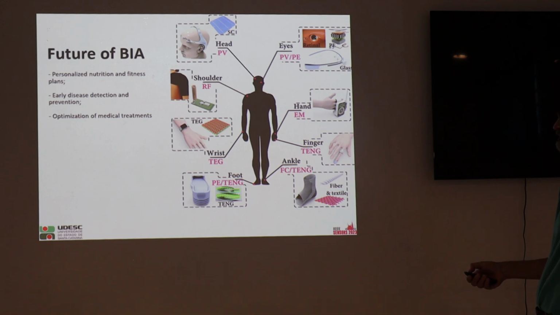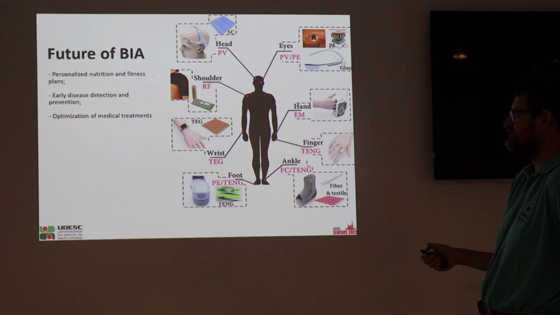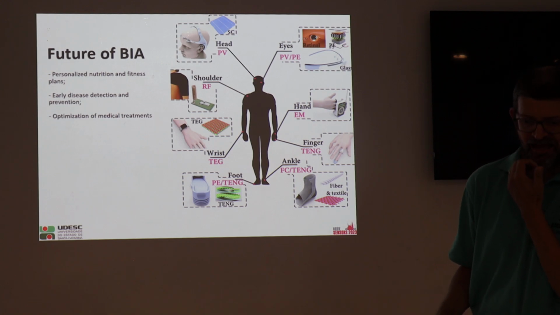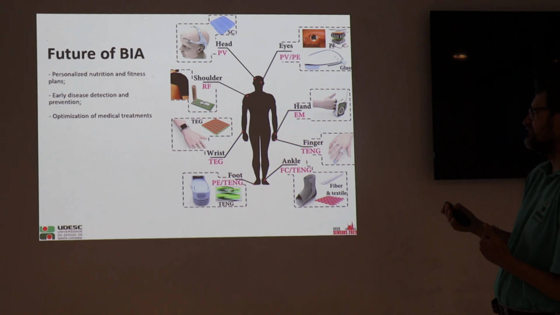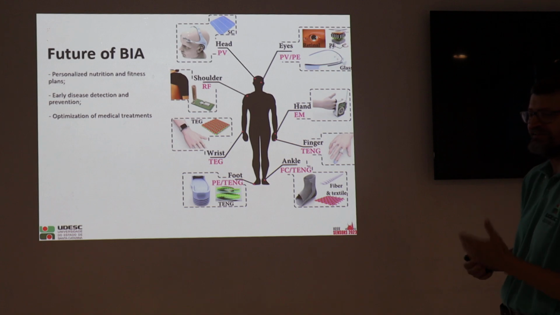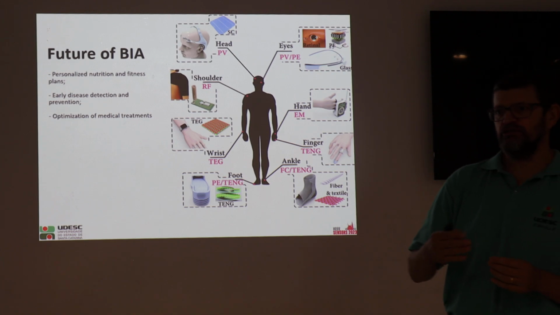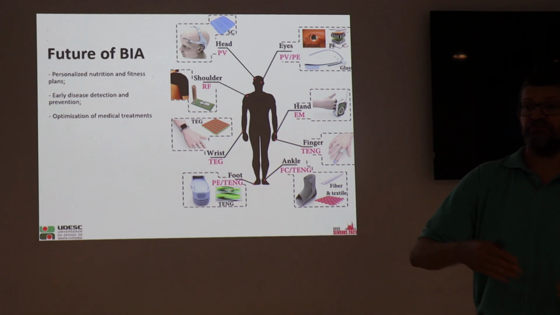And the future of bioimpedance analysis: personalized nutrition and fitness plans. Now people are interested to see if, for example, what they are eating is actually good, in terms of whether it converts to free fat mass or not.